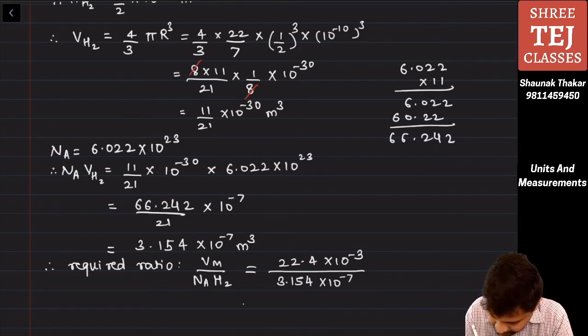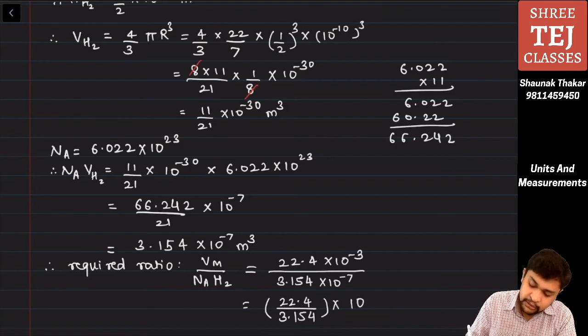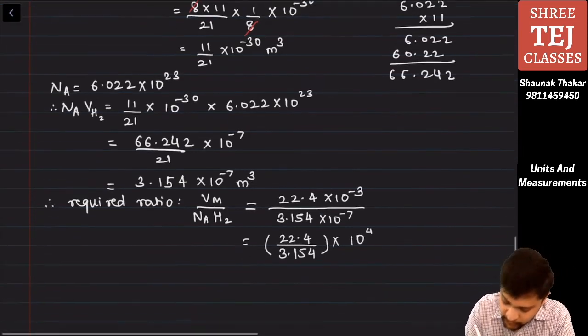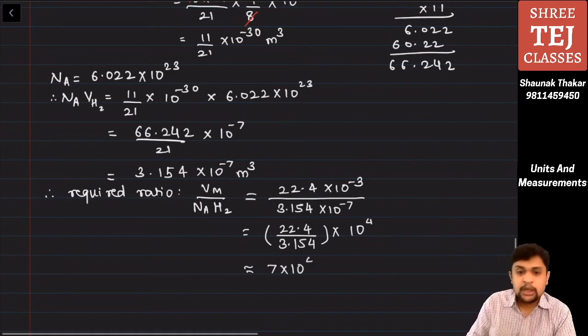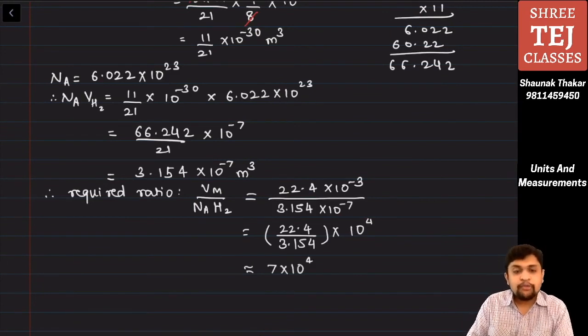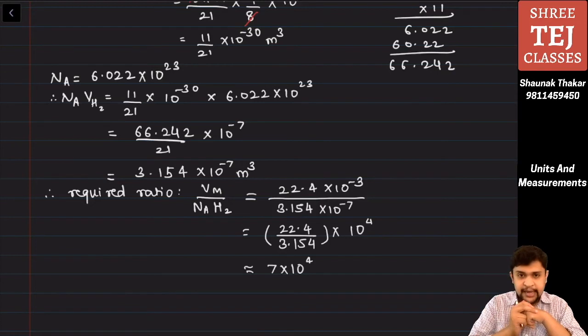So this will be 22.4 upon 3.154 into 10 to the power 4. So this approximately will be 7 into 10 to the power 4. So the ratio of 1 mole of hydrogen gas to 1 mole of hydrogen molecules is 7 into 10 to the power 4.